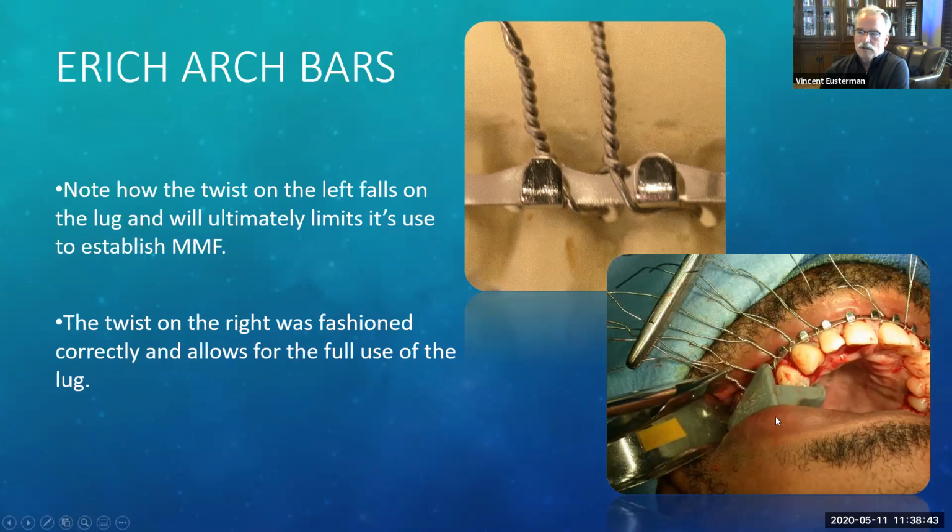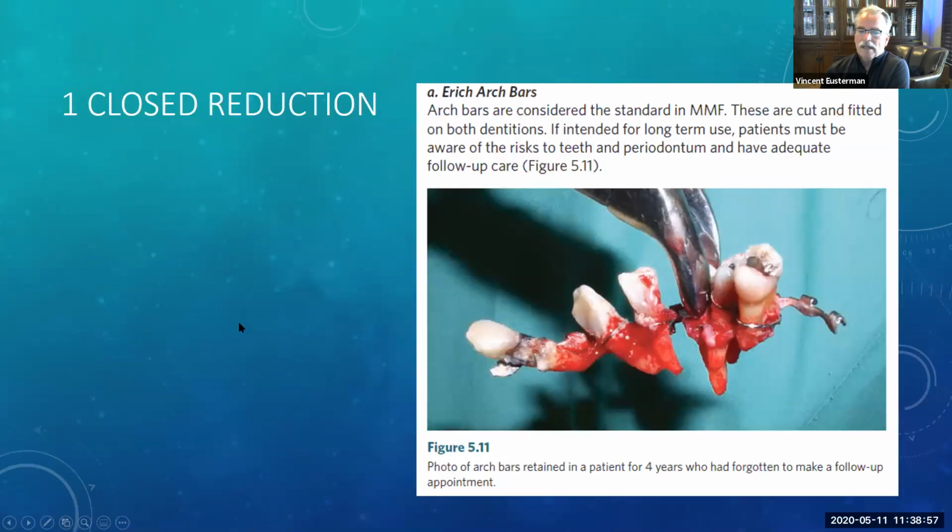It's important also to use a bite block under jaw fracture circumstances. You can cause more damage to the temporomandibular joint and to the infraorbital nerve if you're not using a bite block. So please use a bite block, and don't leave your patients' follow-ups to themselves. You have to get them back in.